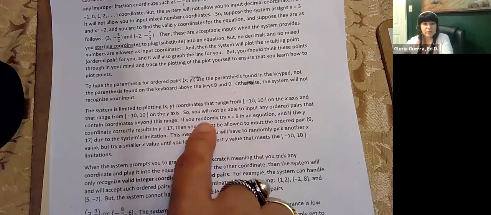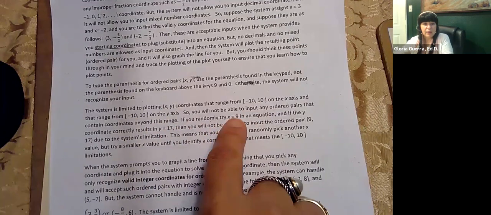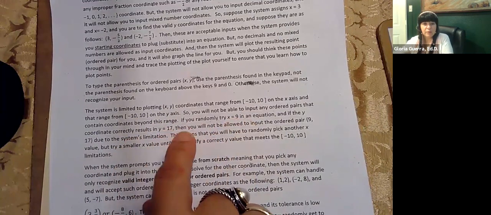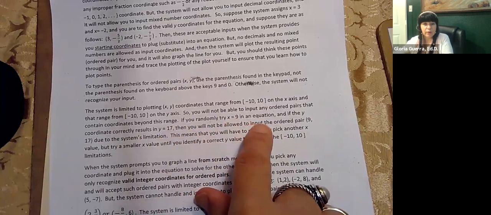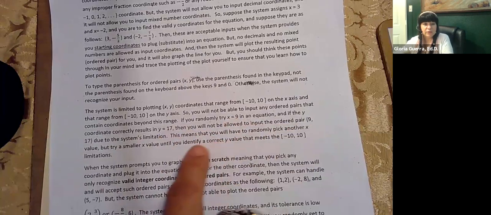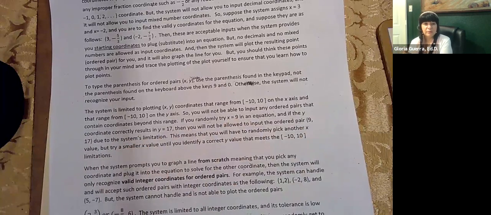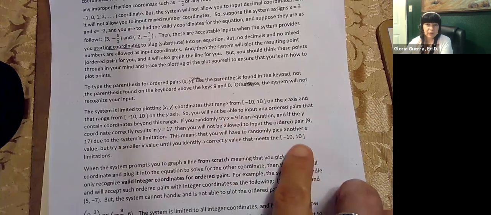If you randomly try x equals 9 in the equation, and let's say the y coordinate ends up being 17, you will not be allowed to input the ordered pair (9, 17) because of its limitation. It's limited to -10 to 10. This means that you'll have to pick another x value, maybe smaller, so that you can identify both an x and a y that meet the limitation of -10 to 10.